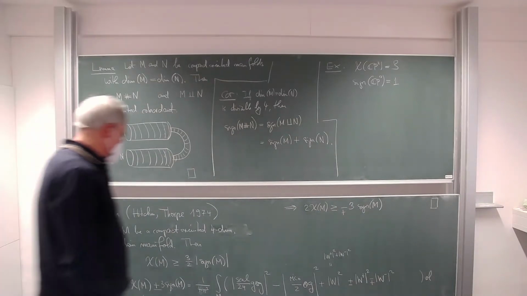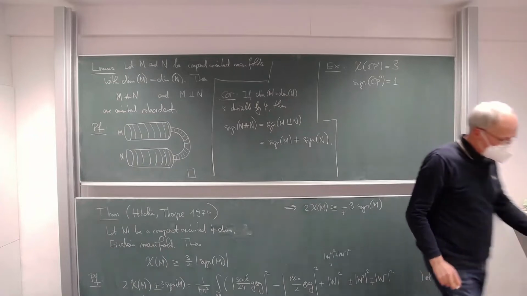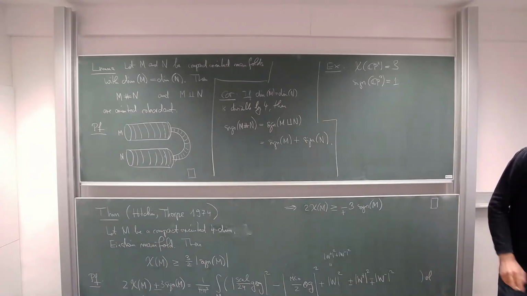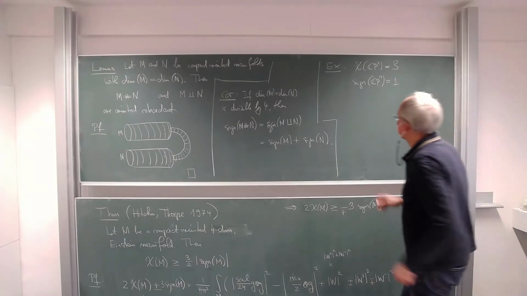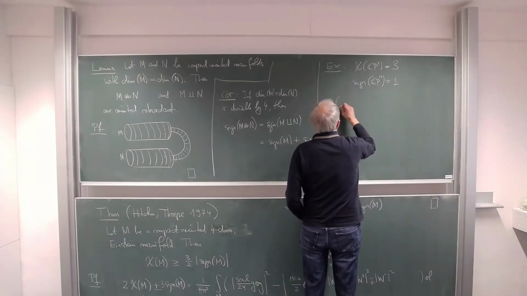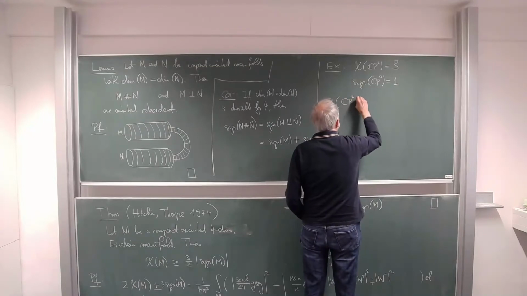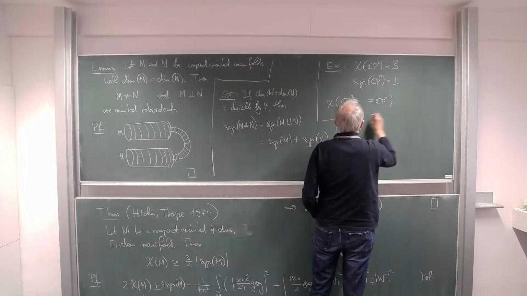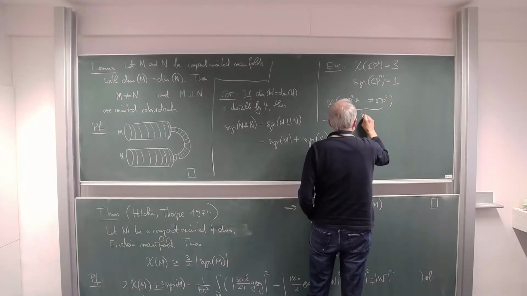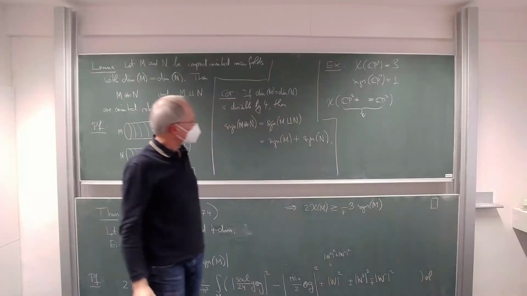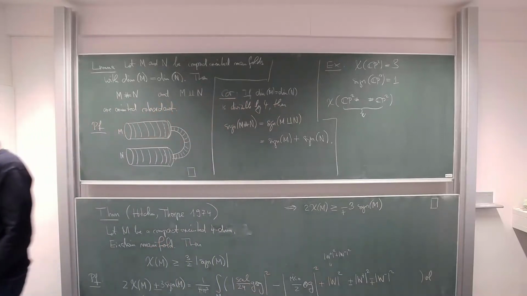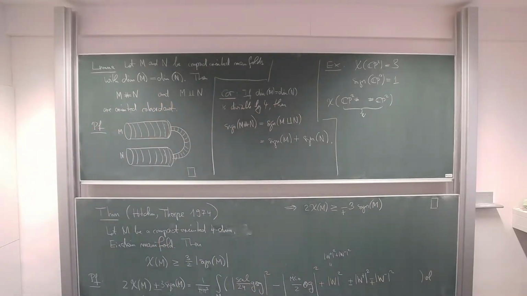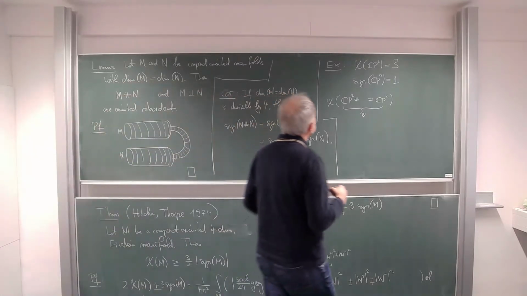Now, okay, and now let's take a look at connected sums of CP2s. So what will then happen? So let's see. If we take, let's say, the k-fold connected sum of CP2s, k pieces. Well, we know when we take the connected sum, we have to add the Euler numbers and subtract 2. Right? At each stage we have to subtract 2.